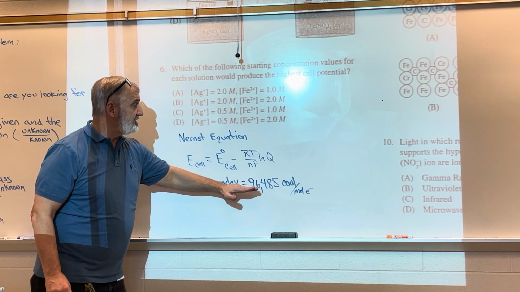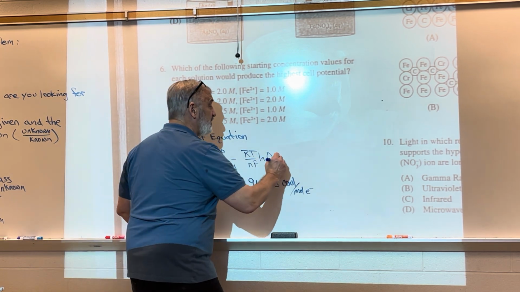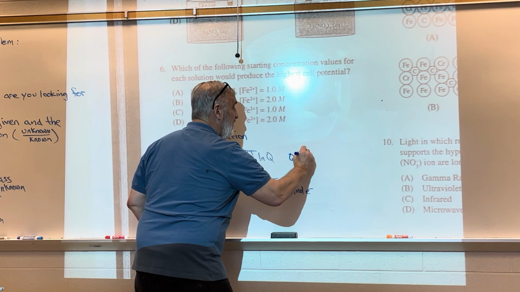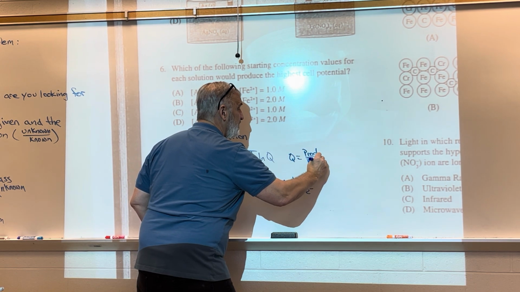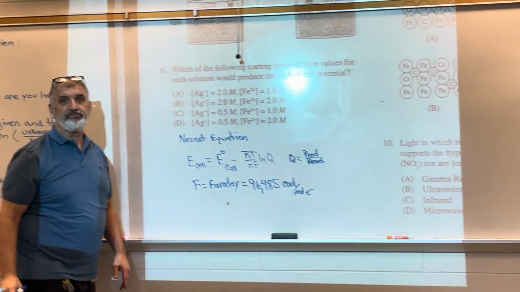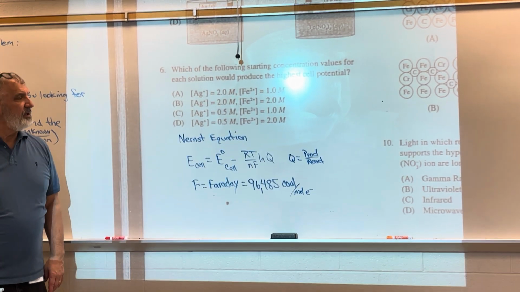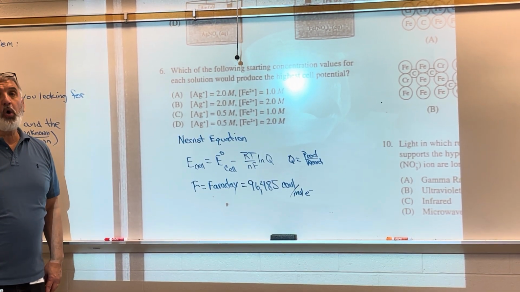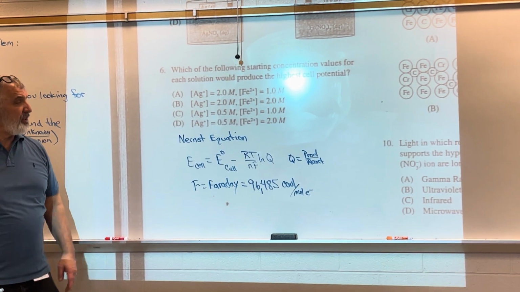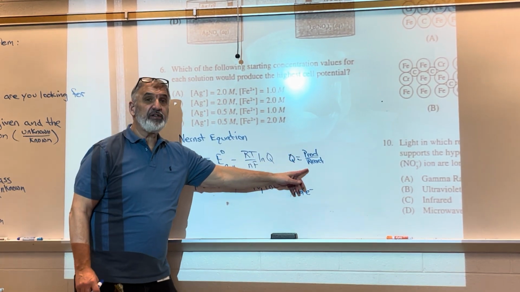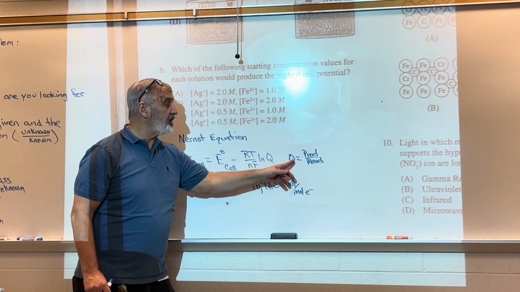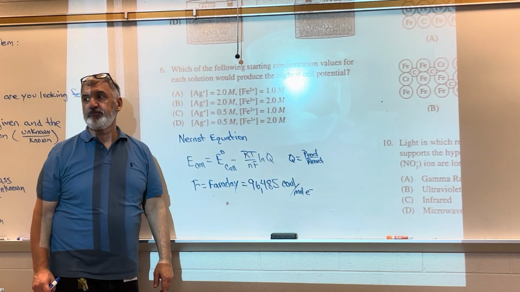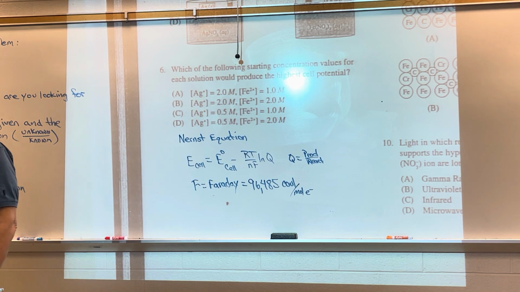When we look at this, I don't need this. Remember, Q is equal to products over reactants. Now we just need to know about logarithms. If Q is a whole number, in other words, if products are greater than reactants, what does that mean about the log of Q? Is it a positive or a negative number?